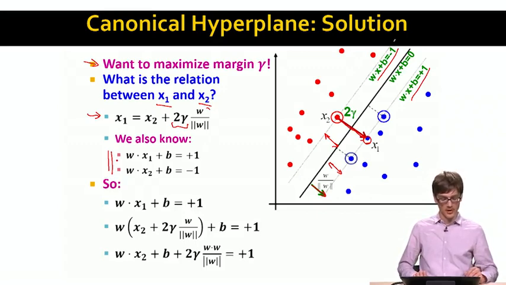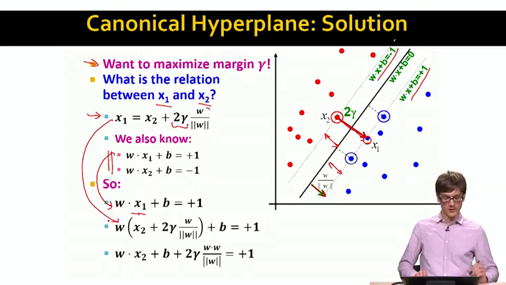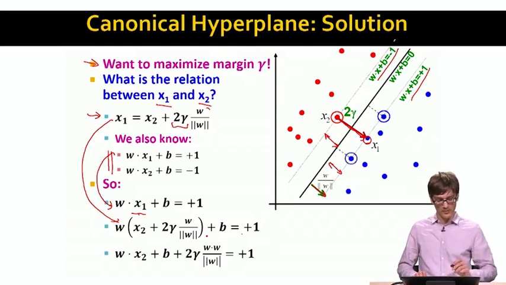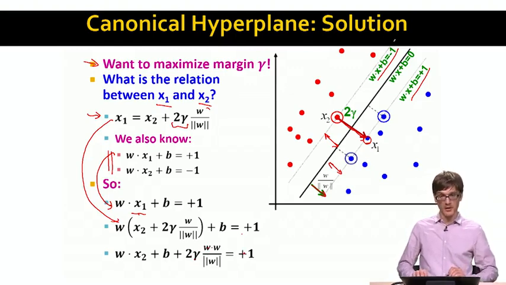So I take the first equation and I substitute x1 from the top equation to obtain the next one. Now if I multiply this through, I get that w times x2 plus b equals twice gamma, and then I have w times w equals plus 1.